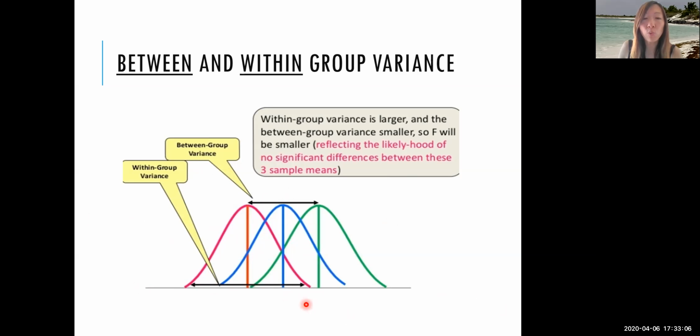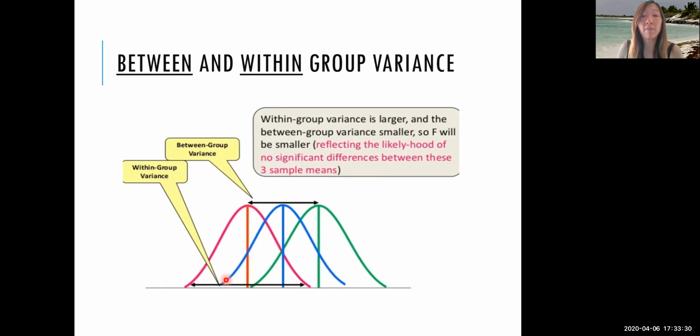So we're looking at between group differences or between group variances. That's what we looked at with the independent t-test. However, with the analysis of variance, we're also looking at the within group variance. So the within group variance is all of the scores that make up that population.